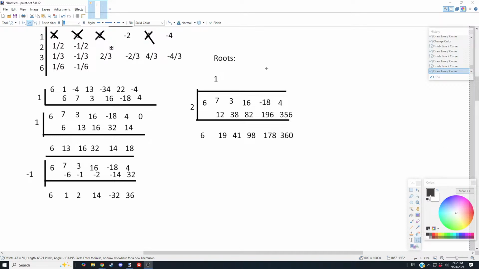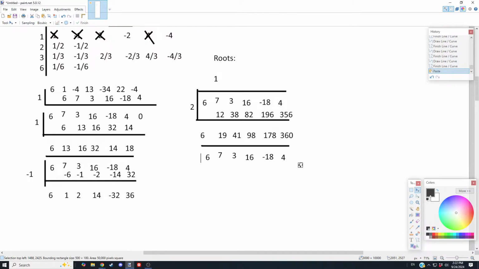Okay. So we didn't get one that worked, so we're going to start again with the last row that we did divide. We go to the next one.